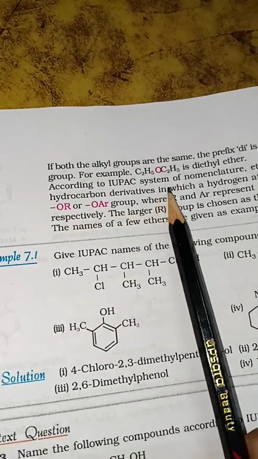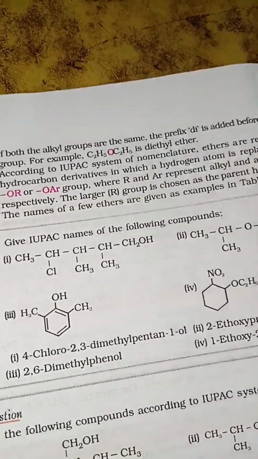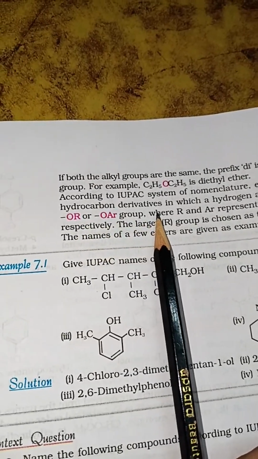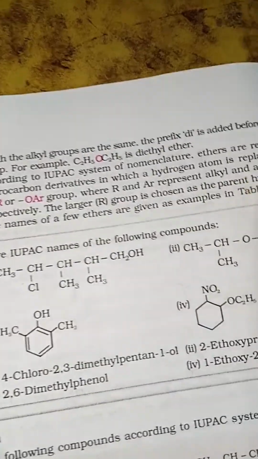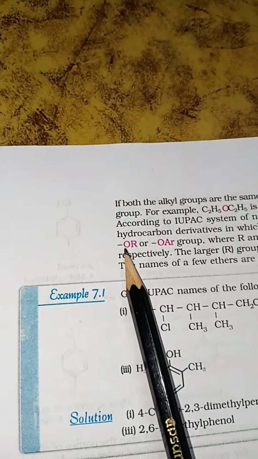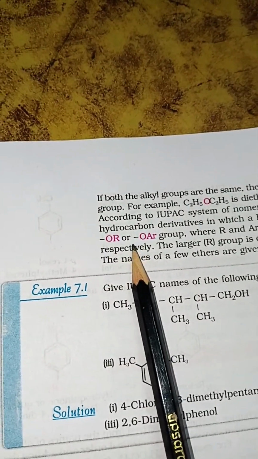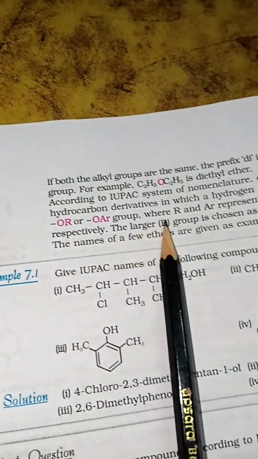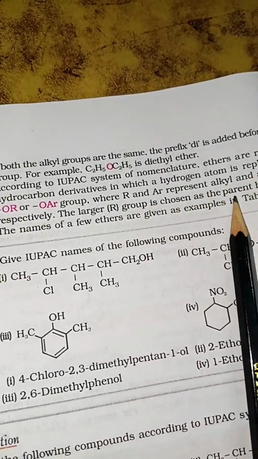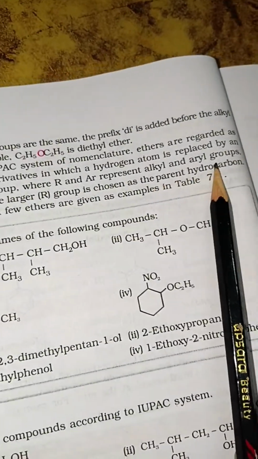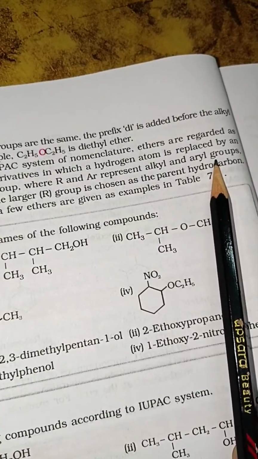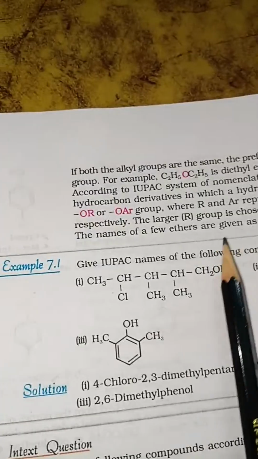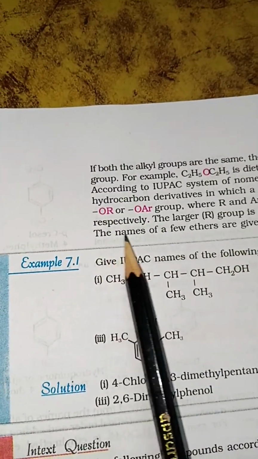According to the IUPAC system of nomenclature, ethers are regarded as hydrocarbon derivatives in which a hydrogen atom is replaced by an OR or OAr group, where R and Ar represent alkyl and aryl groups respectively.